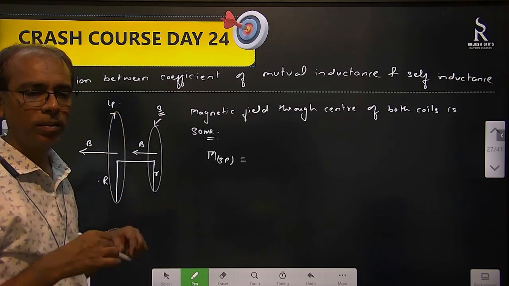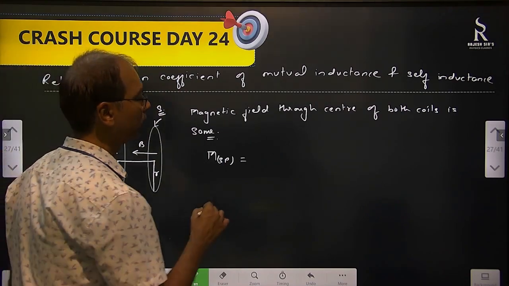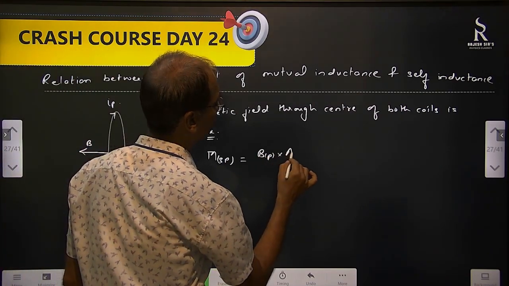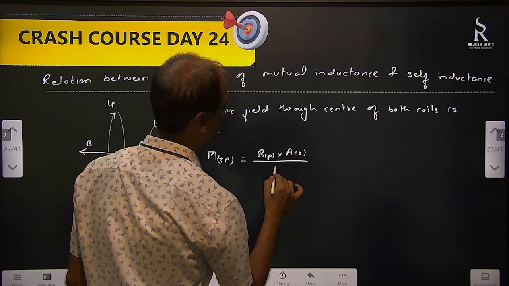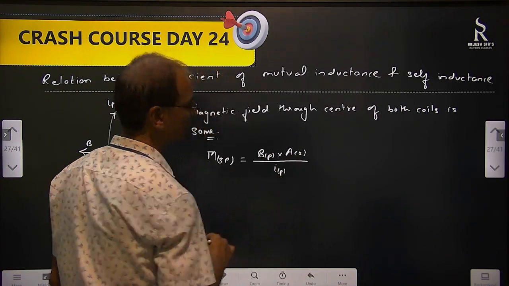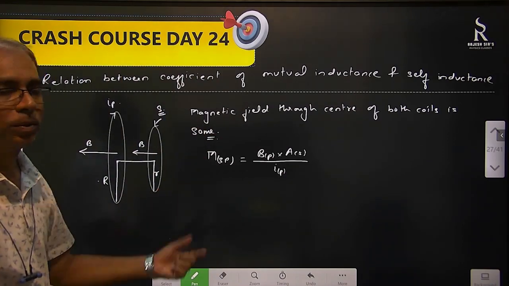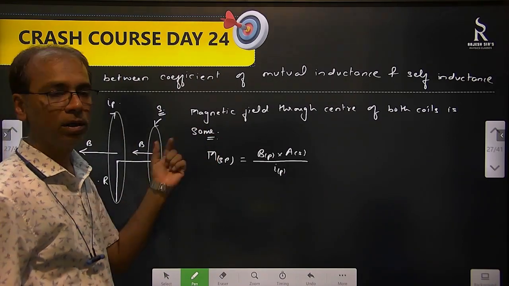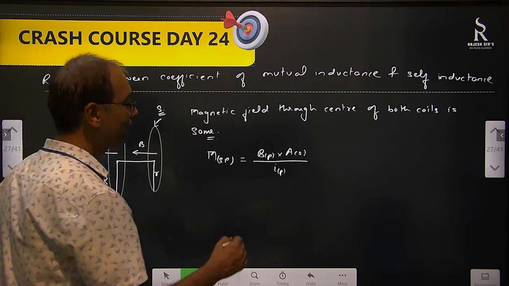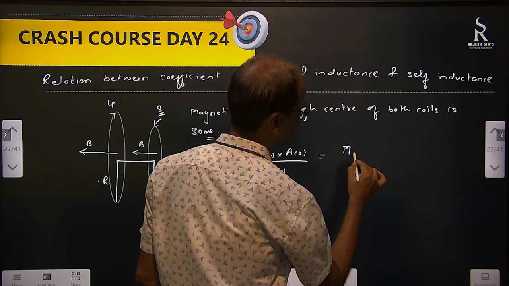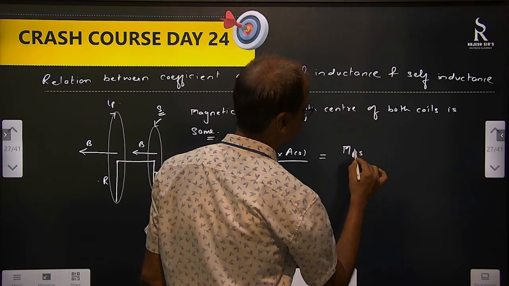Flux through secondary by current through primary. So flux through secondary is the magnetic field produced by primary into the area of secondary, divided by current through primary. Okay, clear? MSP, mutual inductance of secondary due to primary, will be equal to the mutual inductance of primary due to secondary as well.